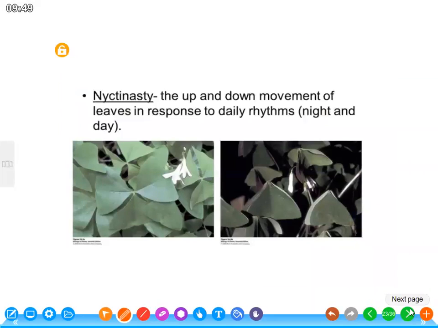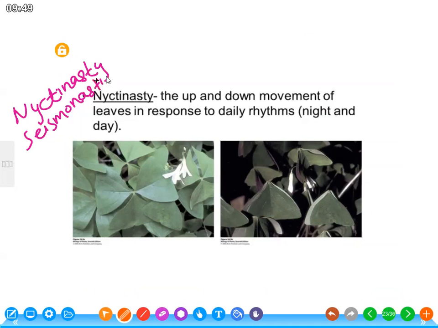Then the types of nastic movements. First, nyctinastic movements. Then seismonastic movements. Third, haptonastic movements. Fourth, photonastic movements.